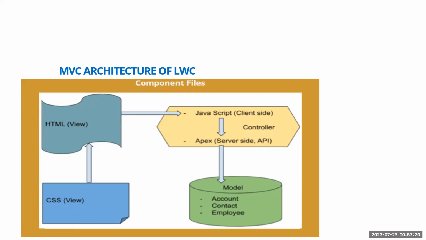Then using that JavaScript, we can call our Apex class or any API, or you can directly use a standard method in LWC. We can get the data, and then the model. You can use objects like account, contact, any employee, any custom object or standard object, anything you can get data from in the LWC.